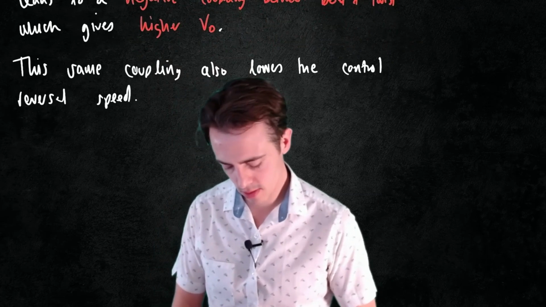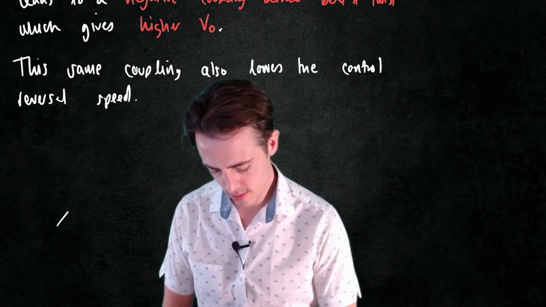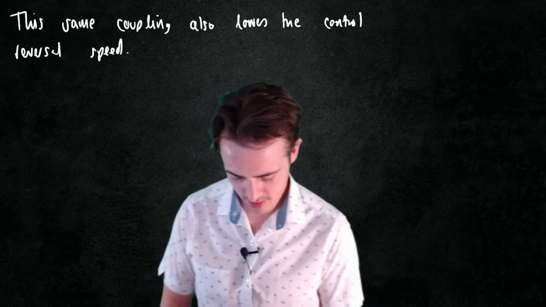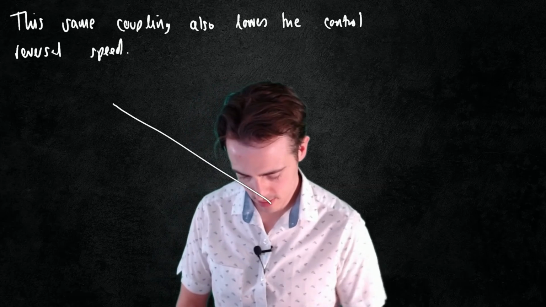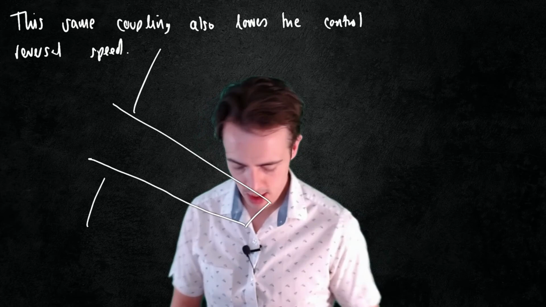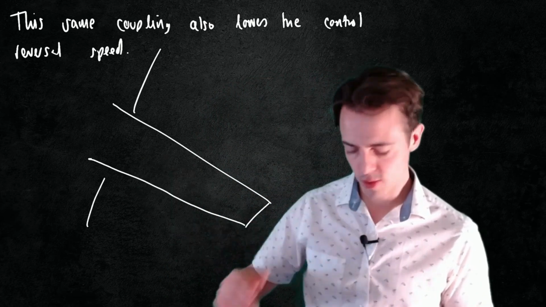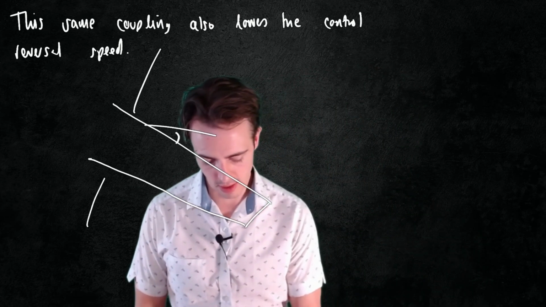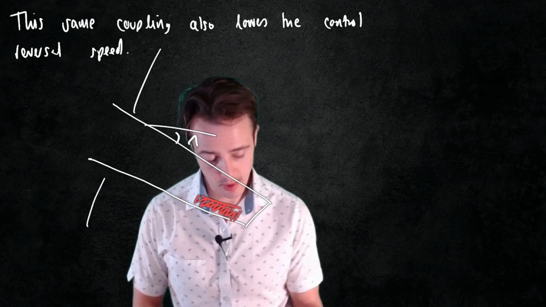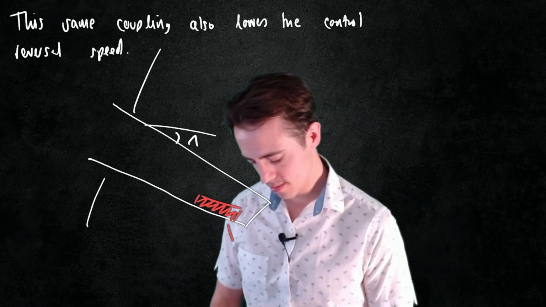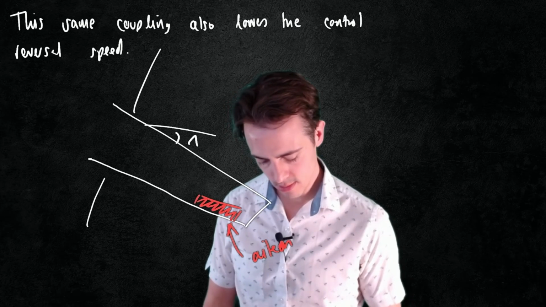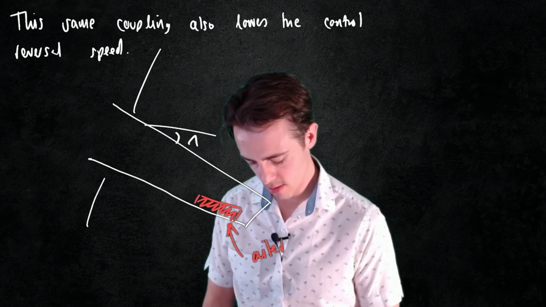Let's draw. I'm looking at the starboard wing of my aircraft. It's swept through angle lambda. I've got my aileron.